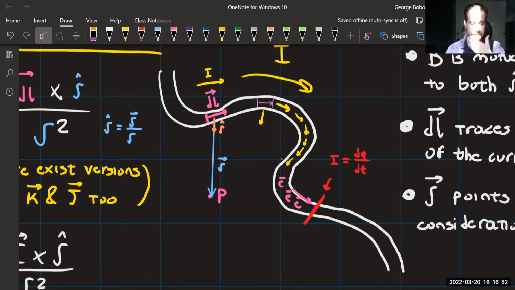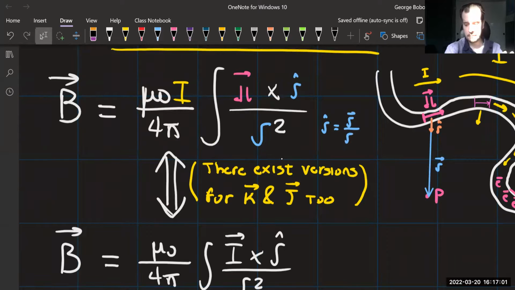I have no idea. So for the times that you do not know what the magnetic field will do, you use the law as is. As you see it right now in the picture, this integral is what you need to do. However, when you do know what the direction is, you can take a bit of a shortcut, because calculating this cross product is time consuming, and if we could get away a little bit with it, we would rather do that.